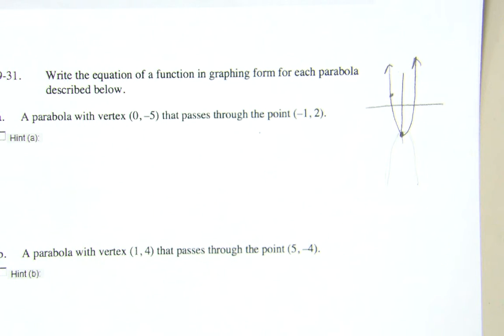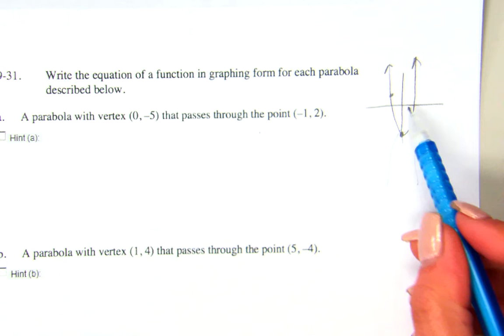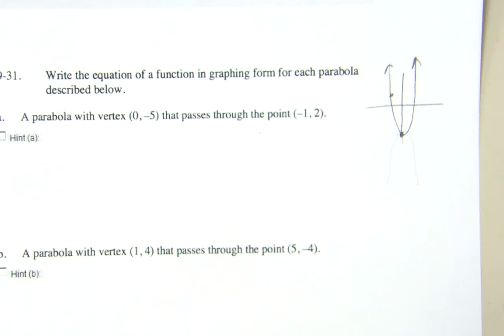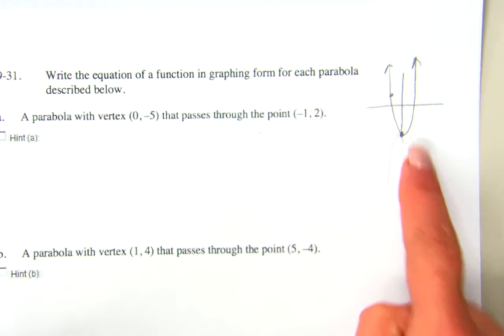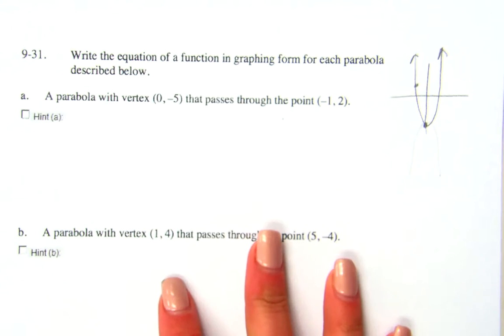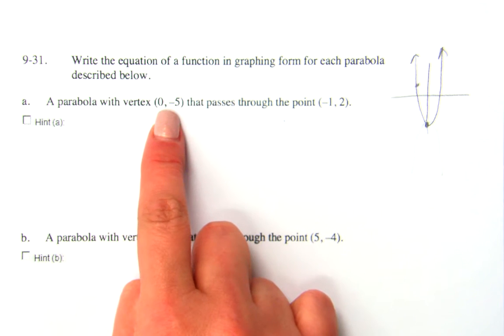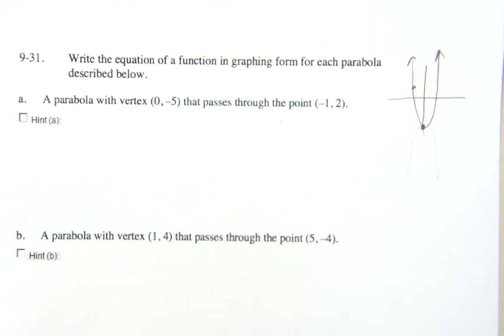The problem is you don't know if it's really skinny or really wide, so you need something besides just knowing where it's going. But you can use the fact that the vertex is (0, -5), so I'm going to plug this into the graphing form.